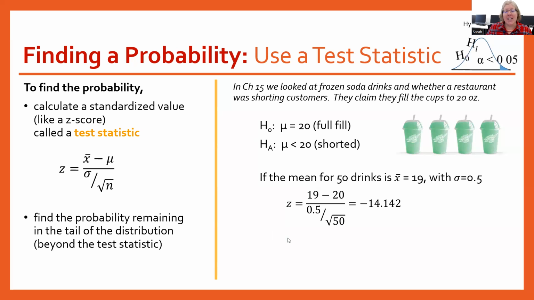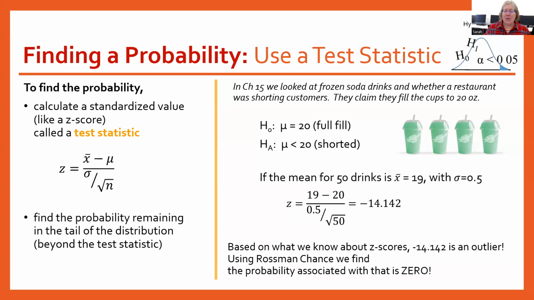And so if I calculate that test statistic or z-score, I'll get negative 14.142. So if we think about what that means in terms of a z-score, z-scores are usually between -3 and +3. So a negative 14 is way out there. That's extremely unlikely. And so it shouldn't be any surprise that that probability there is 0.